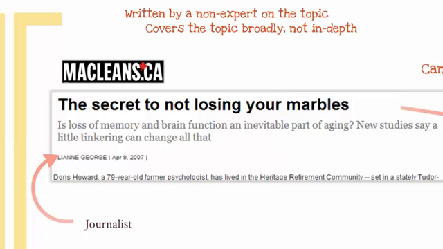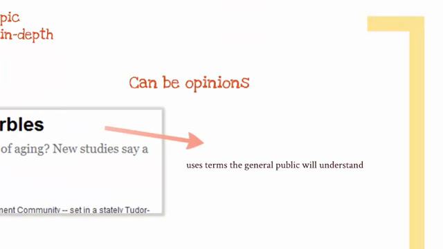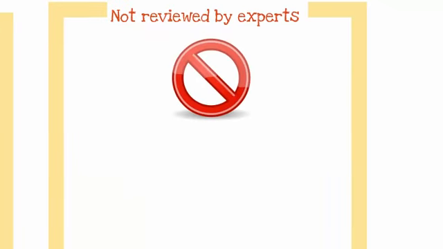This article is about a scientific study on memory. Popular sources usually cover the topic broadly without going into great detail. They can include the writer's opinion without research-based evidence to back it up, and they use simpler terminology. Finally, the article isn't reviewed by a group of experts in the field. The author writes it, an editor probably reads it over, and the article gets published.